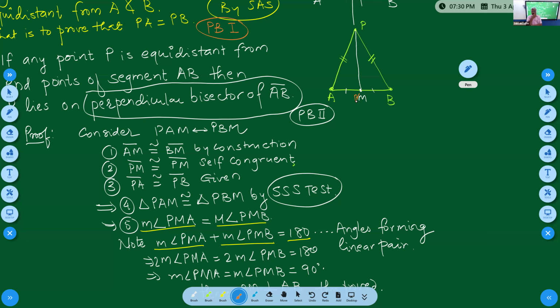If you draw the perpendicular bisector of segment AB, and the point we have chosen as our P is the midpoint, then it is a very easy case. We need not do anything, and we can say that yes, P lies on the perpendicular bisector. The most difficult case is to have point P other than M. A point coincident with M is a very lucky and very easy case.